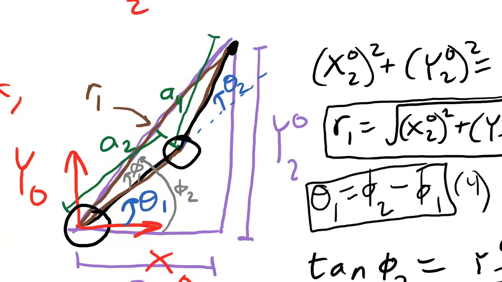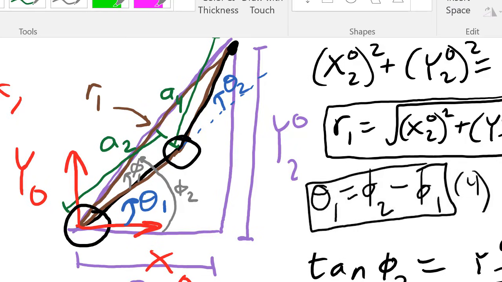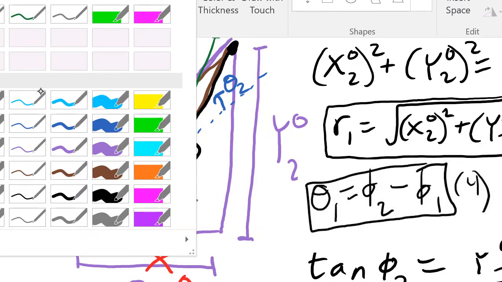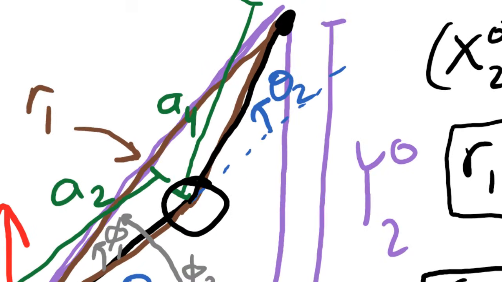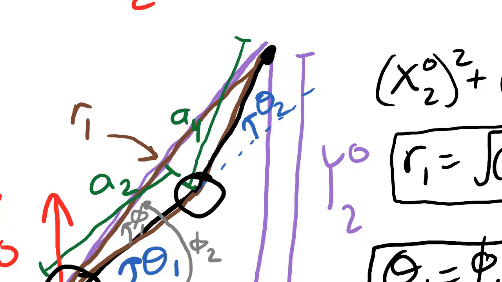To find theta 2, I need to mark one more important angle in this triangle. I'm going to zoom in, and I'm going to call this angle right here phi 3. Now, notice that phi 3 plus theta 2 makes a line that is straight.